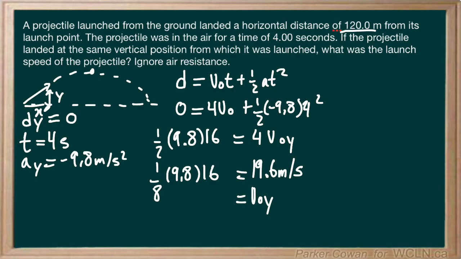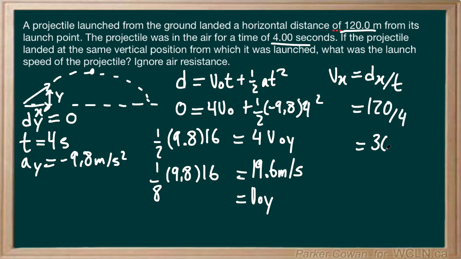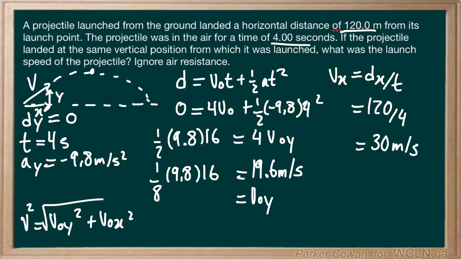And they've given us the horizontal distance and the time it spends in the air. So Vx is just going to be equal to the distance it travels in the x divided by t, which is 120 divided by 4, and that's 30 meters per second. If we want to find the speed, which I'll call v, v squared is going to be equal to V0y squared plus V0x squared, and then we root both sides.